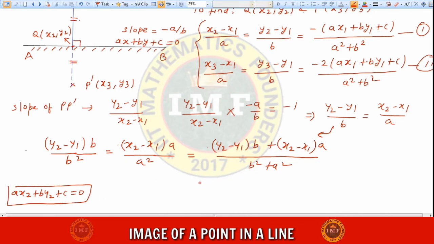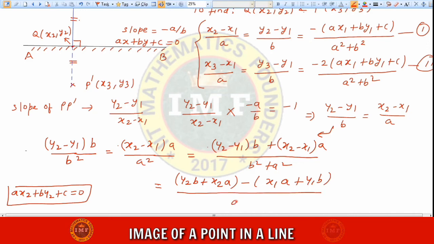So here if I arrange it, what I'll get is [y2b + x2a − (x1a + y1b)] divided by (a² + b²).